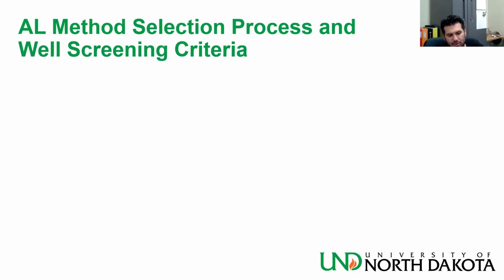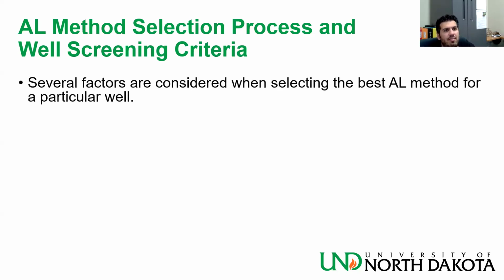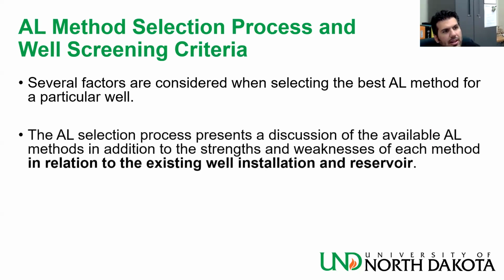But the procedure that you are gonna use, the process for selecting which artificial lift method fits your well the best, is a topic that has been going on from the early to late 80s. Several factors are considered when selecting the best artificial lift method for a particular well.